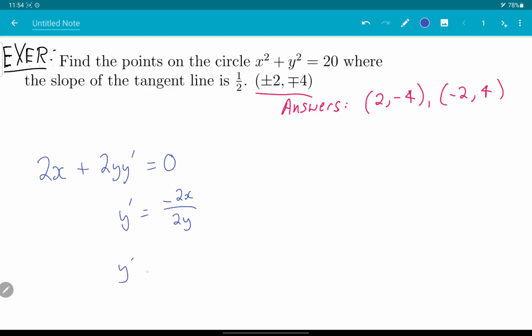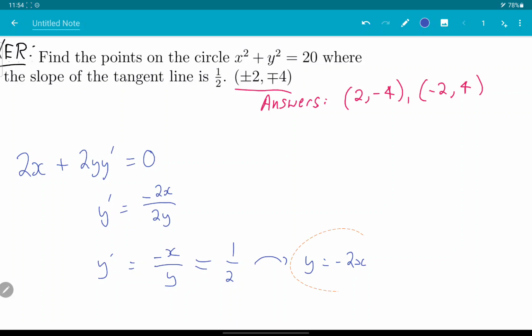So y prime is minus x over y. So I'm asked to find when the tangent line has a slope of a half. So I want this to equal a half. So that can be written as y is equal to minus 2x.